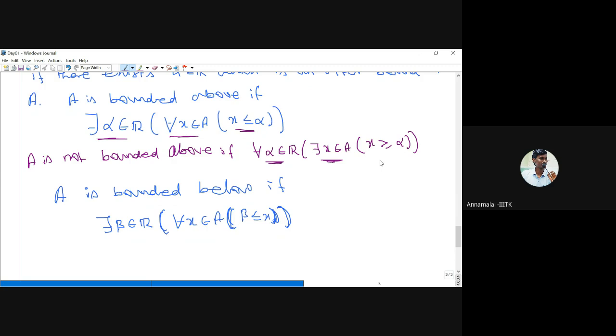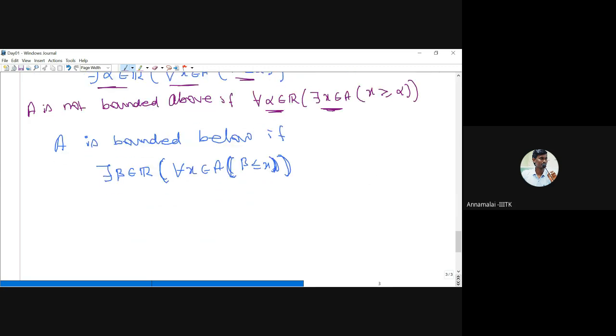Now, this is the definition for A is bounded below, if there is a beta such that this holds. So when we say A is not bounded below, then there is no lower bound. What is the negation of there exists? For every.